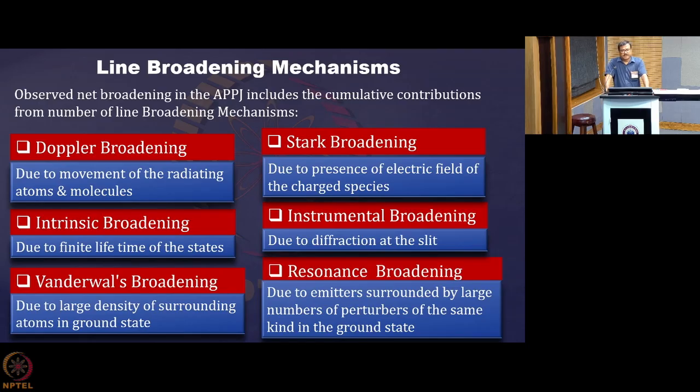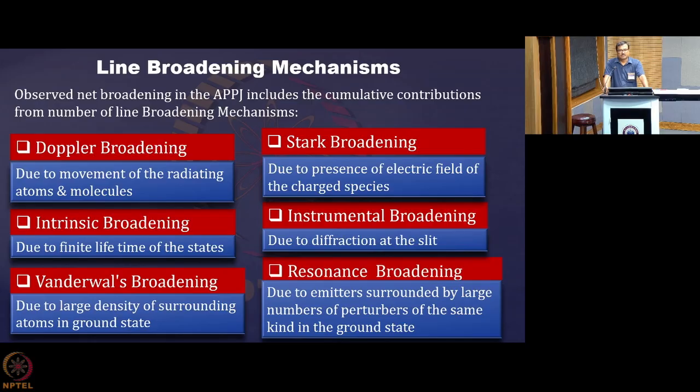So whenever you are measuring the width of a line, you should know that it includes Doppler broadening, intrinsic broadening, van der Waals broadening, Stark broadening, instrumental broadening, and resonance broadening. All of them together form the width that you are measuring. Now, how to separate out each of them?